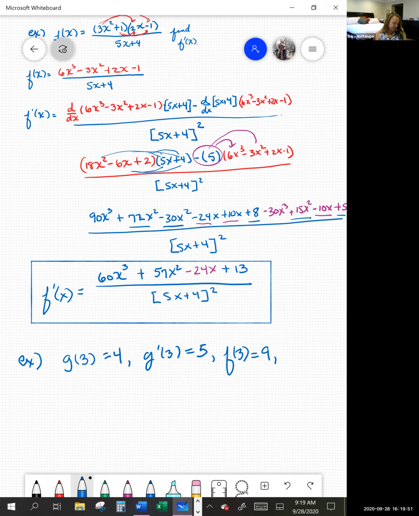And f prime of 3 is equal to 8. And we're going to find h prime of 3, so the derivative of h evaluated at 3. We're given that h of x is equal to f of x times g of x.